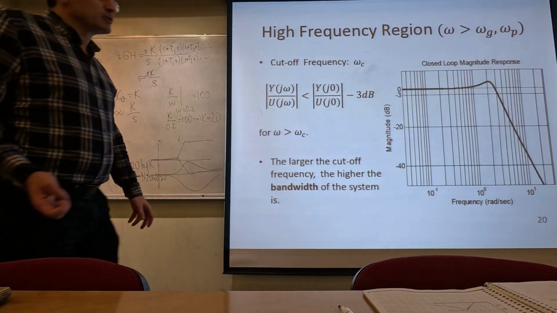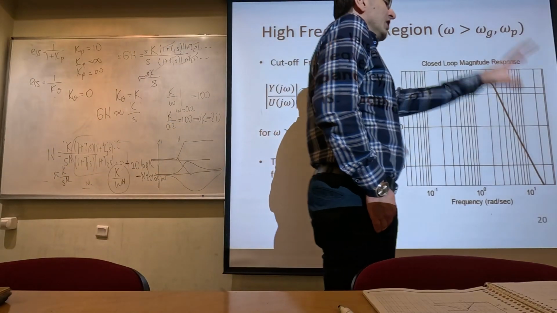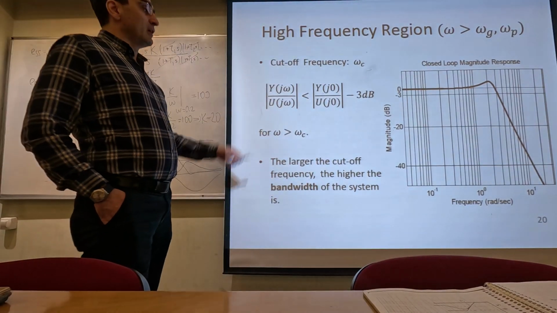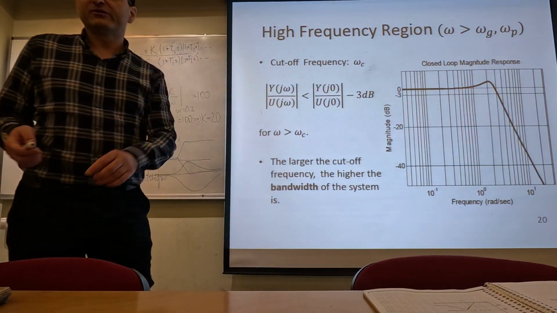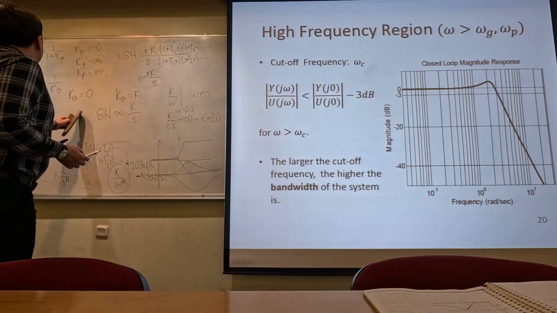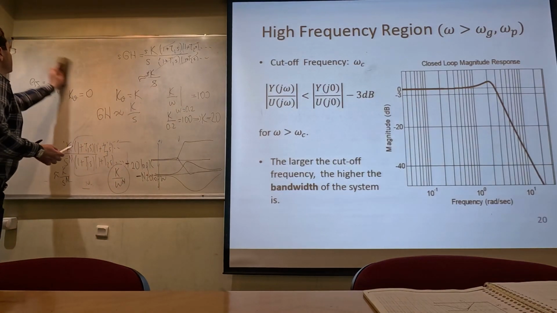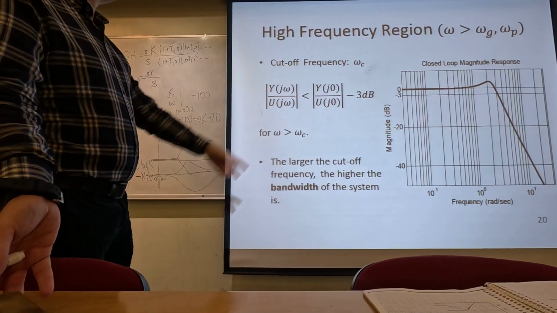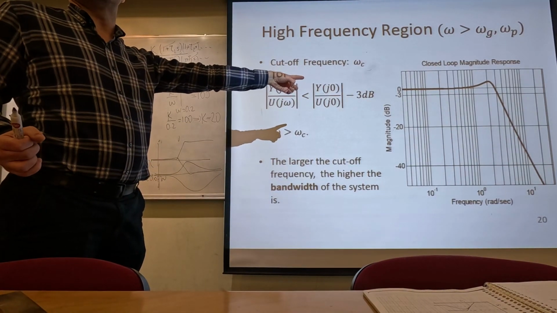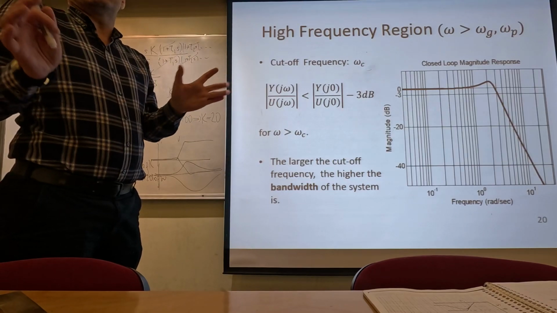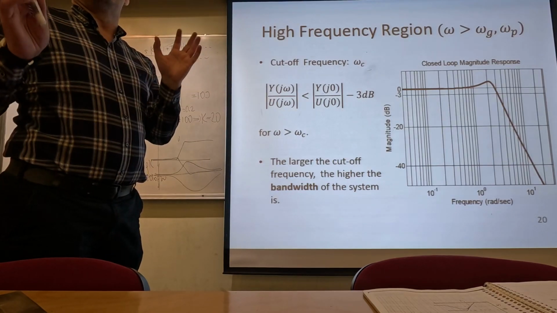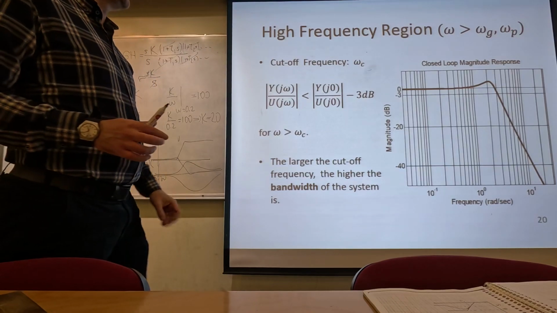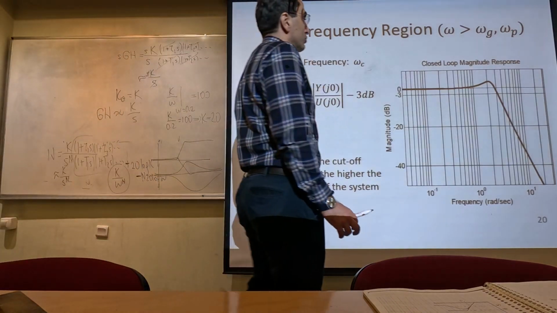And when you look at the high frequency region of Bode plots, usually we interpret our system as a filter. In this course we will only look at the Bode plot of the open loop system, and we will forget about the Bode plot of the closed loop system.